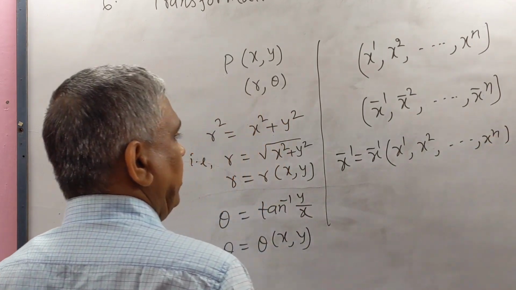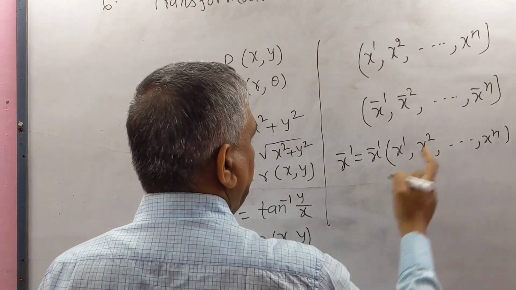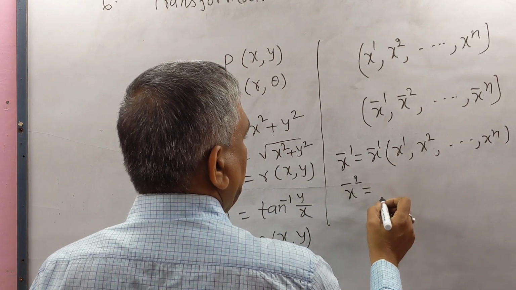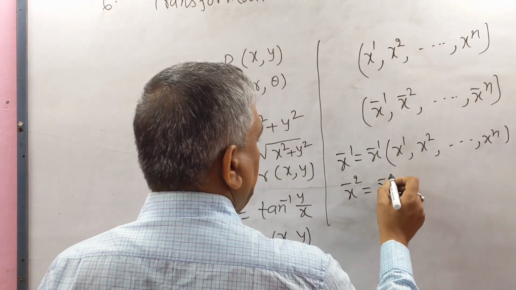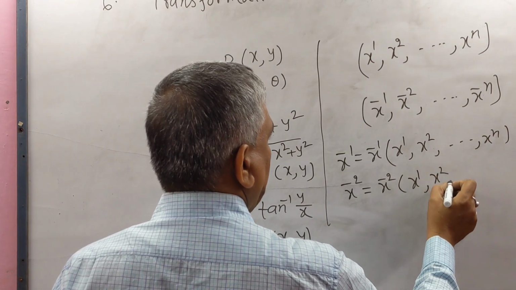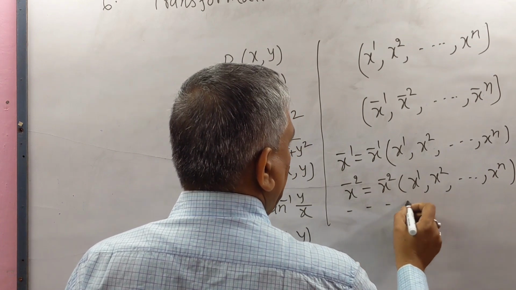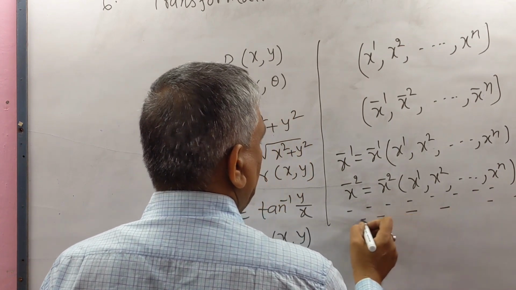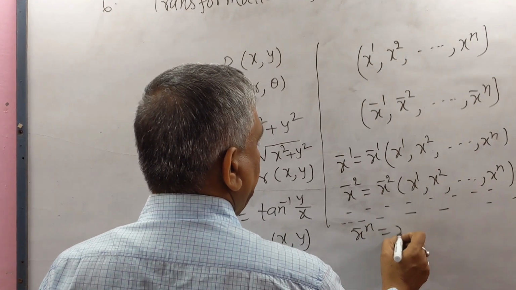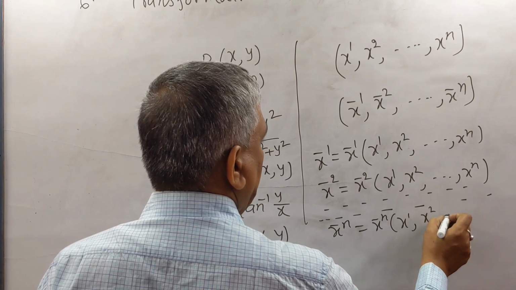That is, x bar 1 is a function of x1, x2, ..., xn. Similarly, x bar 2 is a function of x1, x2, ..., xn. And in this way, we may write x bar n is a function of x1, x2, ..., xn.